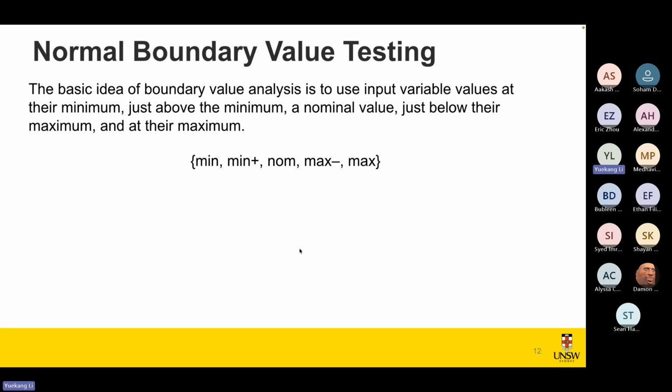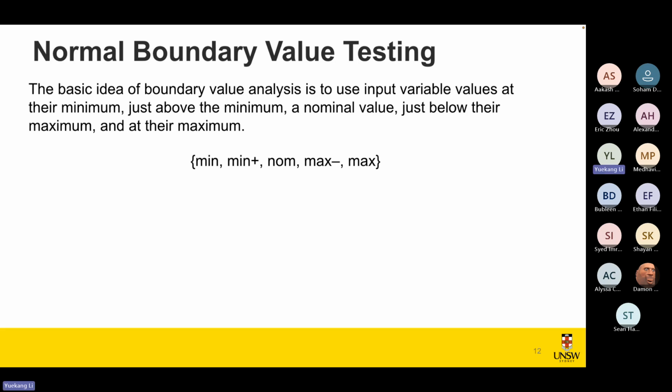Another assumption we need to talk about before we systematically design different test cases is strong robustness. But now let's apply the assumption we just learned and introduce the first variant of boundary value testing, called normal boundary value testing.